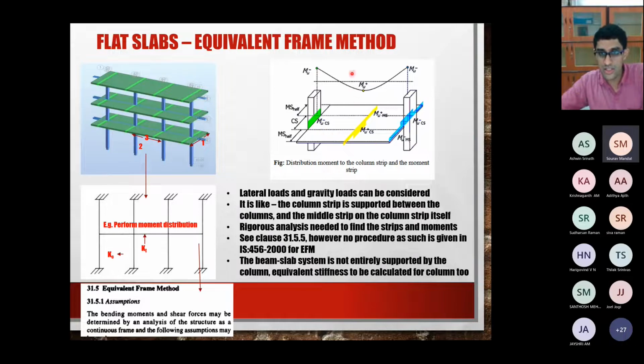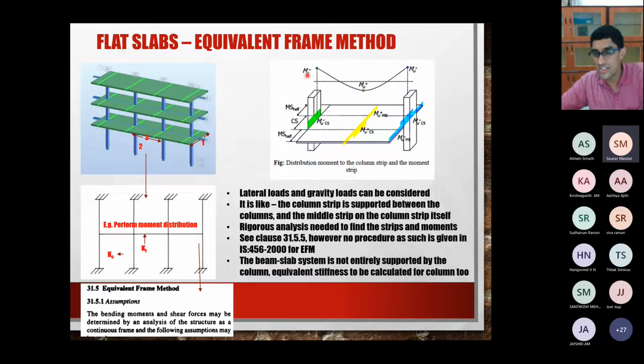Whatever moments you find, you will have to split them. So this is Mu plus. You will have to split this Mu plus into how much is taken by the middle strip and how much is taken by the column strip. Like that you will have to make a decision.